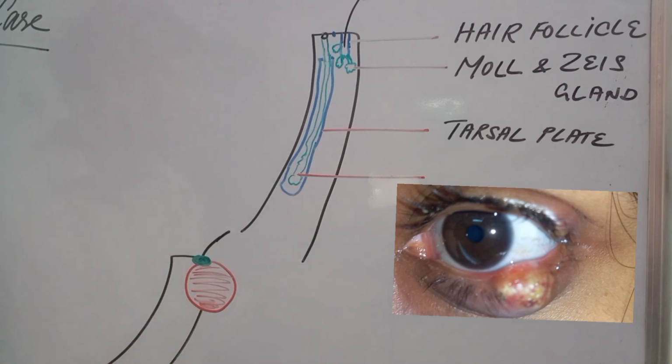The patient will present with severe pain in the eyes and some heaviness. There may be a purulent discharge from the eyes. There may be sticking or matting of the lashes. The lid may be very heavy to the patient. So these are all the signs and symptoms of this hordeolum externum.